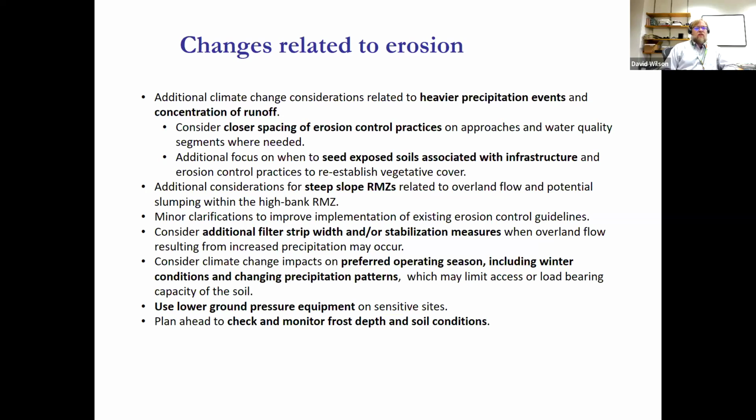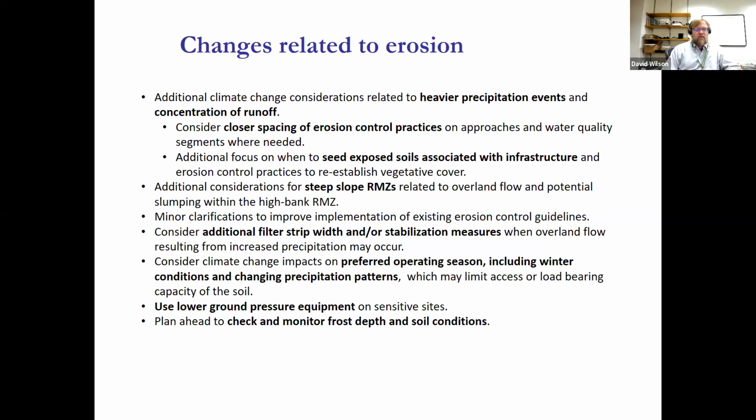There's a little bit on steep slope RMZs, especially where overland flow from further up in the watershed may be resulting in slumping of the high bank RMZs. So that's an erosion issue, but it's more involved with planning for your RMZs.